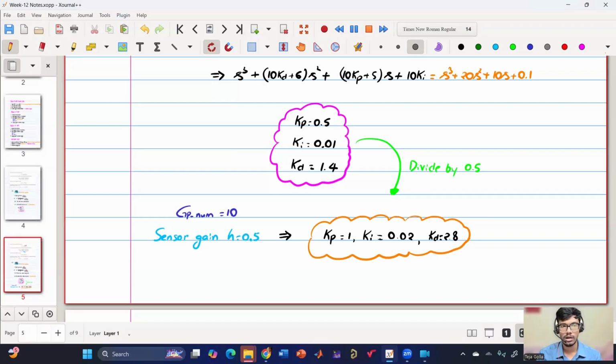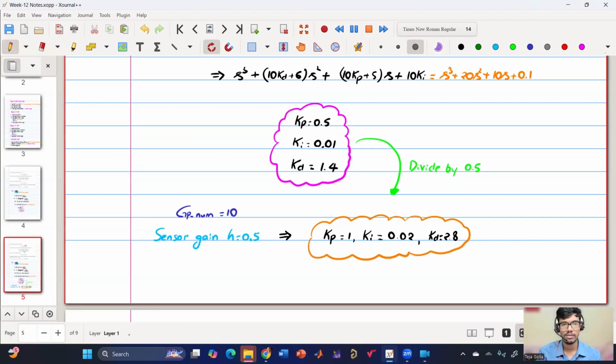Then how will you get the gain? From this idea, you can say that if the gain is X, then you have to divide by X. If the gain is Y, you divide by Y. So you need not recalculate everything again in order to get the same performance. If there is a gain in the system, you have to divide the gains by the same amount so that the overall characteristic equation of the performance remains the same.